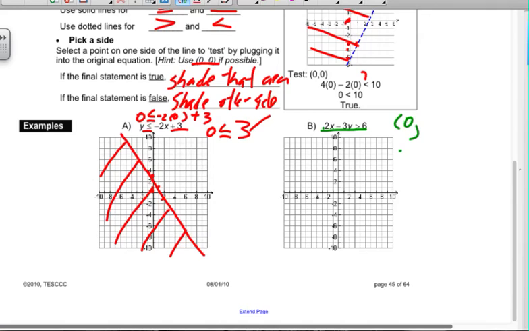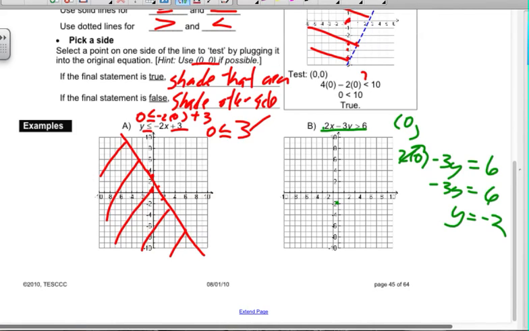So I'm going to have 2 times 0 minus 3y. And for right now, we're going to set it equal to 6. That goes away. So I have negative 3y equals 6, or y equals negative 2. And there's my y-intercept. So I plot that point.